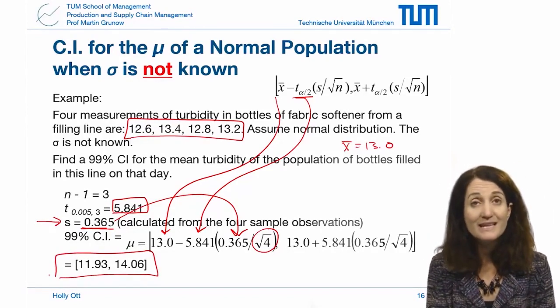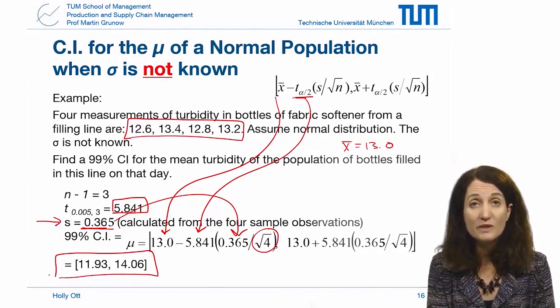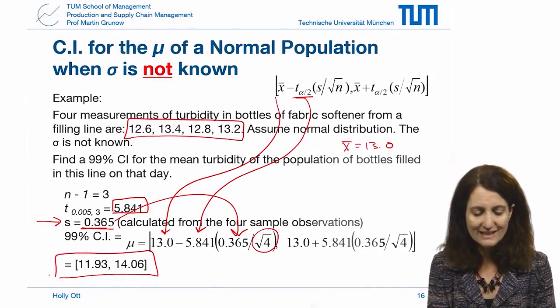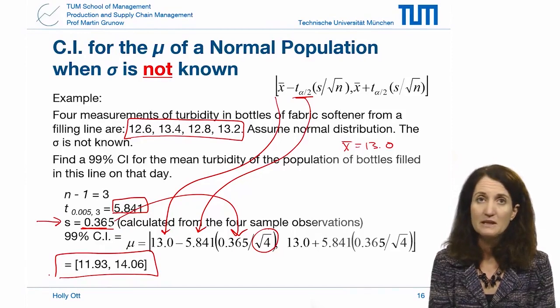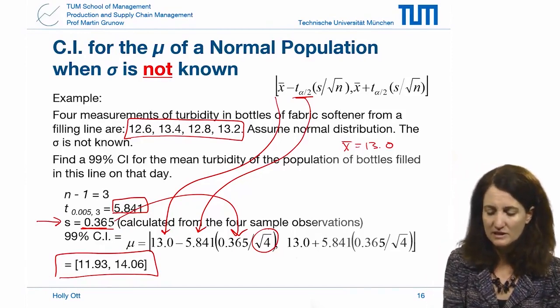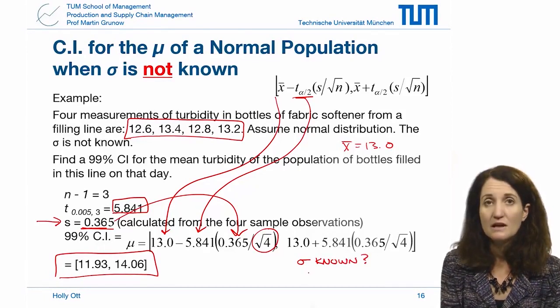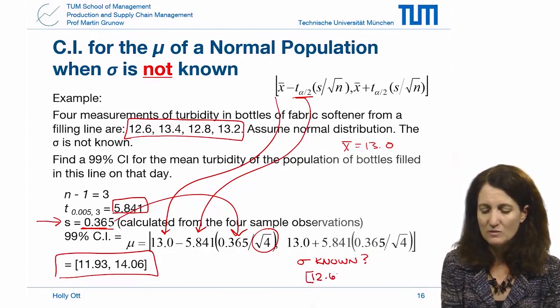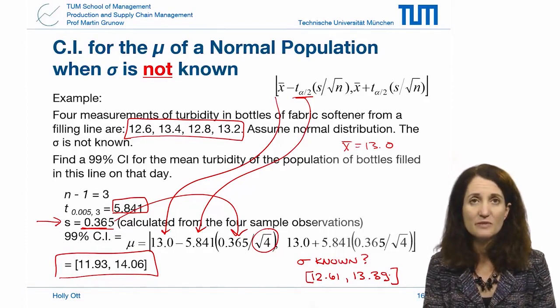We are 99% confident that the population mean for the turbidity on this day in parts per million lies between 11.93 and 14.06. Well, how did that compare to the situation when sigma is known? In that case, if you remember, it was 12.61 and 13.39. Which confidence interval is bigger?